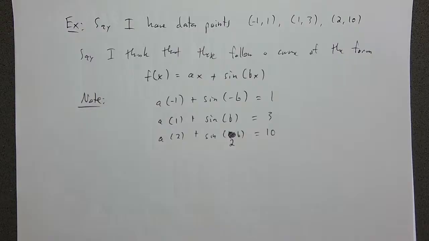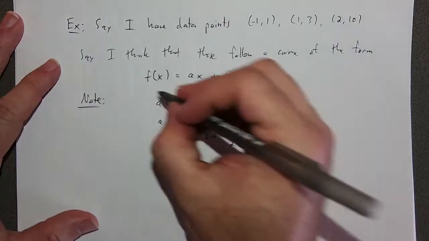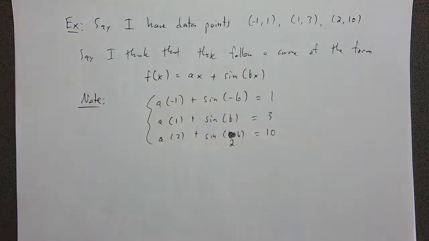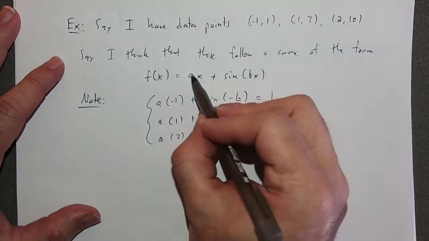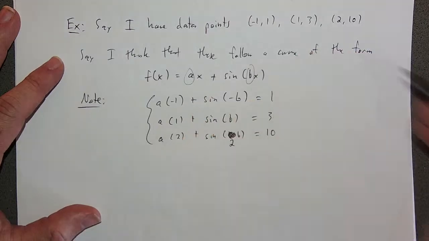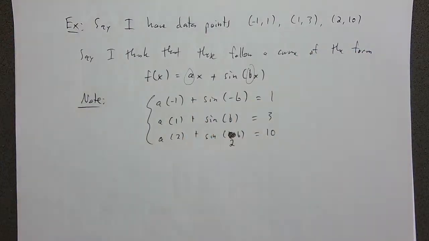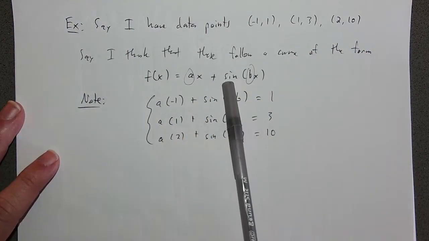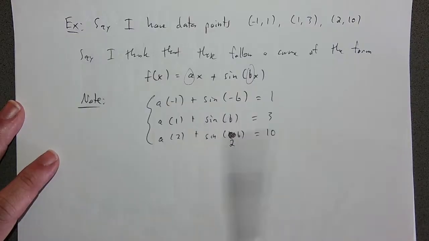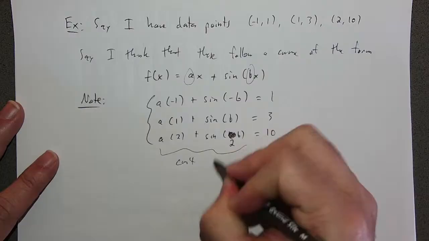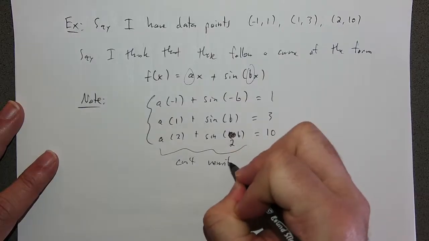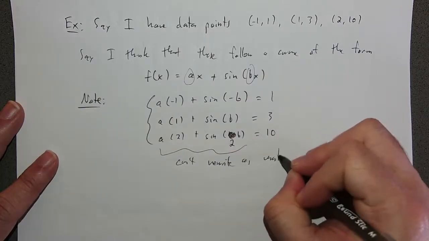Okay. But then what's the problem with this system of equations? Well, it's that this function did not depend linearly on the unknowns. The unknowns here are a and b, right? And b appears in the argument of sine here, so I can't write this as a matrix equation.